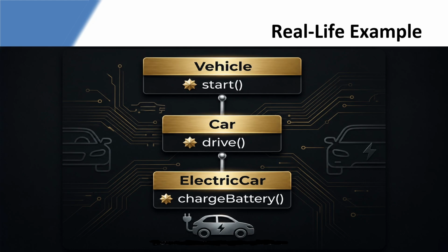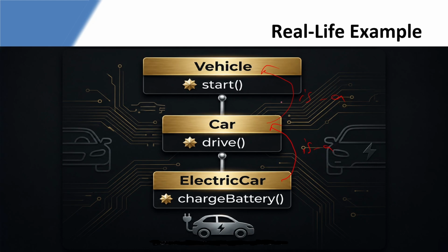So every electric car is a car, and every car is a vehicle. Why am I saying "is a"? Because inheritance follows the is-a relationship. So we can say electric car is a car is a vehicle.